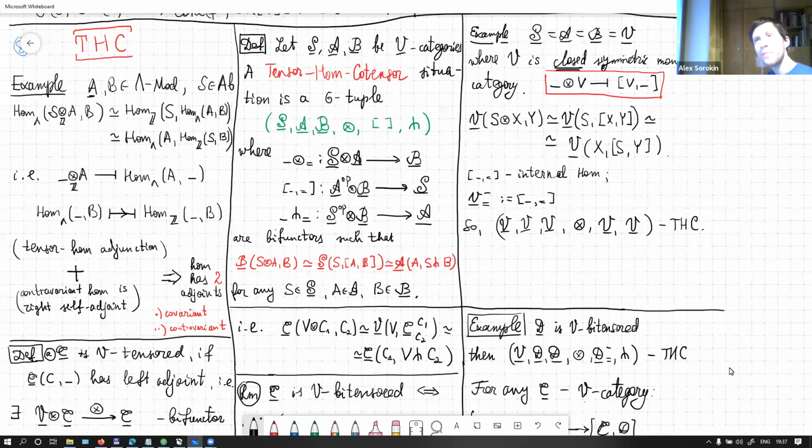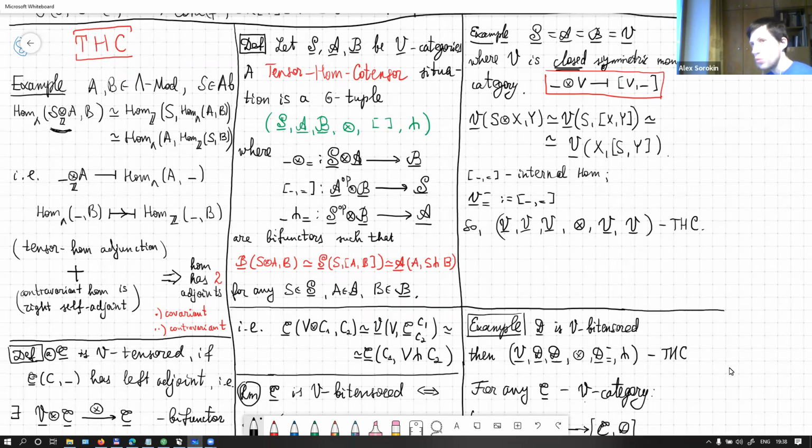If we have two left modules A and B over an associative ring lambda with unit, and I take an abelian group S, then I can always form the tensor product of the abelian group with a module, because a module is also an abelian group. The left lambda-module structure is preserved on module A, so the objects that I obtain will still be left modules. Between the left module S tensor A over Z and the module B, I can take the abelian group of all lambda homomorphisms.